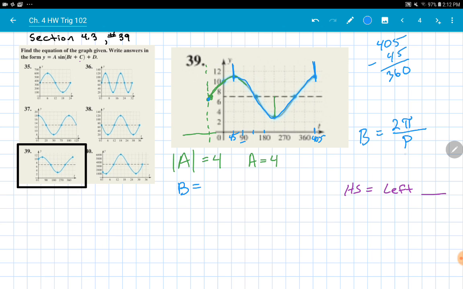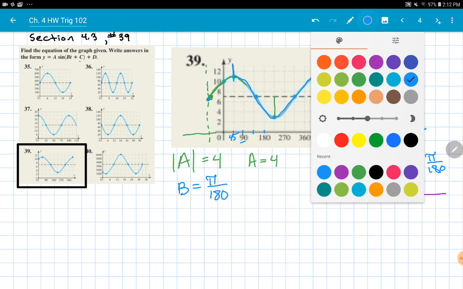So if P equals 360, then B equals pi over 180. So I have A and I have B. I need to find a C.